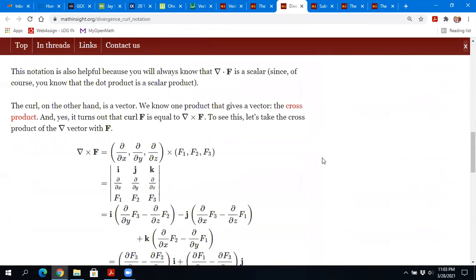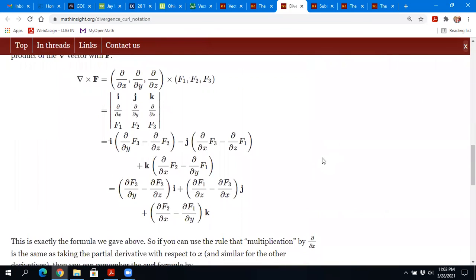And then we had to remember that by doing this cross product of nabla with the actual vector field itself. Well, that's crazy. Okay, why? Why is it the difference in the y partial of the third component minus the z partial of the second? What is going on? Why is that the x coordinate, for instance?